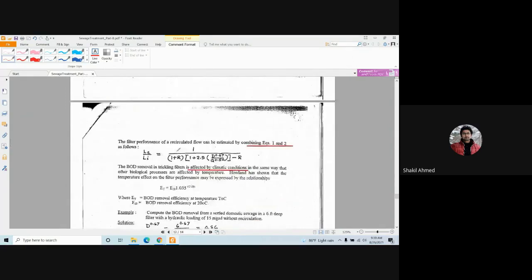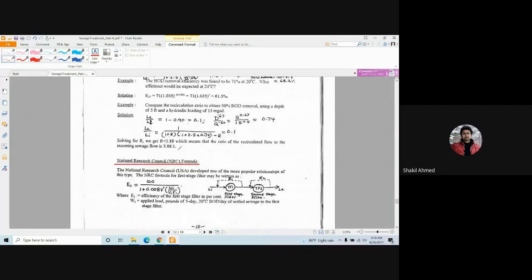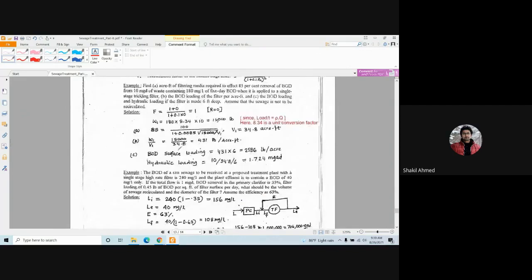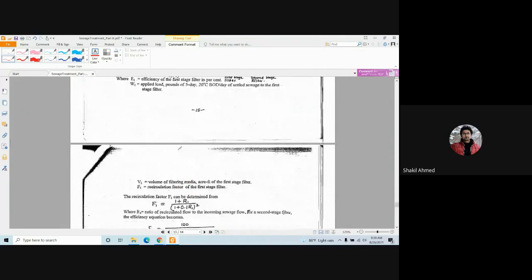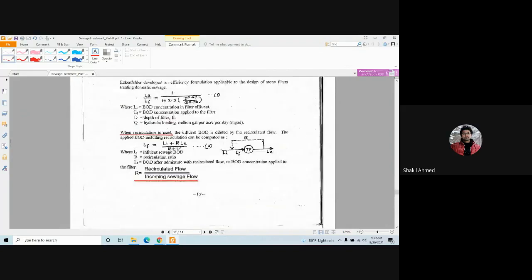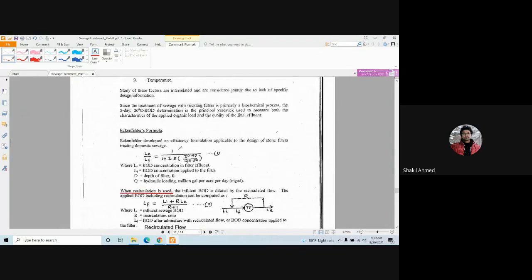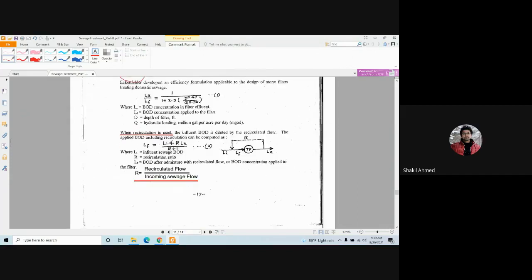Now, we have many formulas and equations and theory to design a trickling filter. We have the Eckenfelder formula and other formulas.